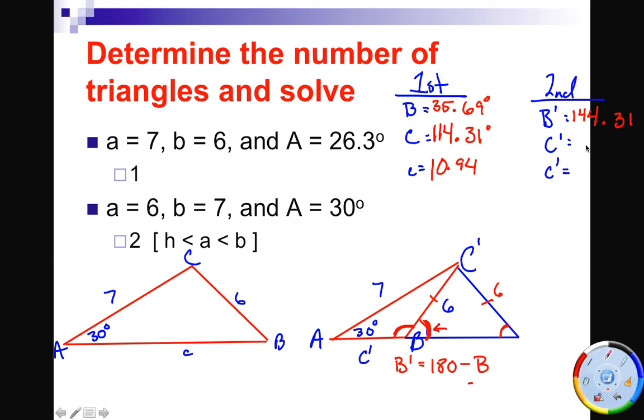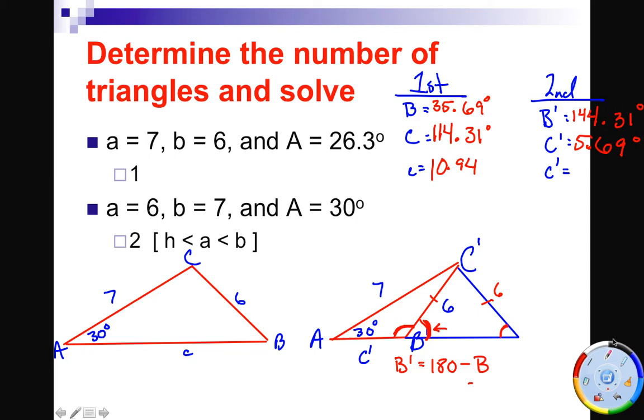I will, but I didn't need to yet. I get 180 minus that 144.31, minus the 30 that I already had. And I get an angle of 5.69. And it's okay to have small numbers like this, by the way.